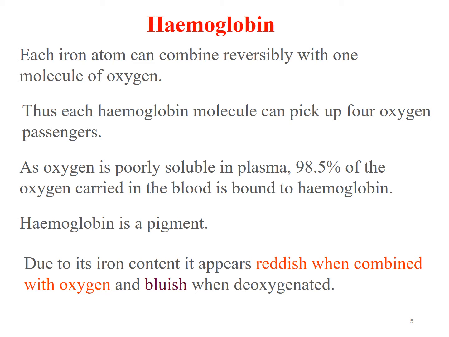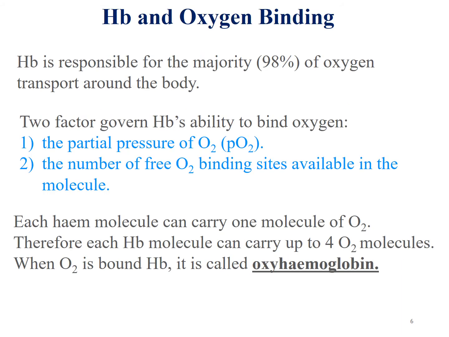Because hemoglobin is a colored compound, it is basically a pigment, and it changes color when it is bound to oxygen. When it is bound to oxygen, or when it is oxygenated, it becomes reddish in color, while when it is deoxygenated, it becomes bluish in color. So you have learned that hemoglobin is responsible for the majority of oxygen transport around the body, and there are 2 factors governing the ability of hemoglobin to bind to oxygen.